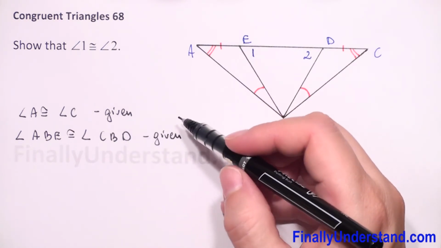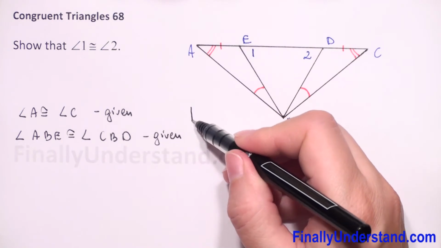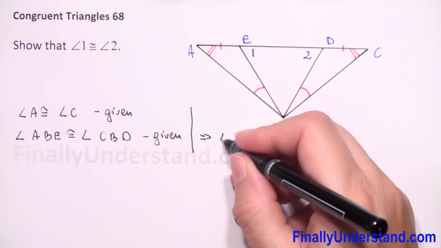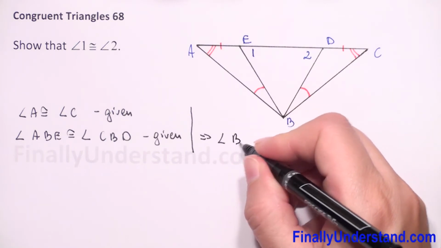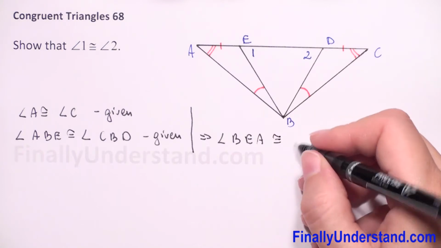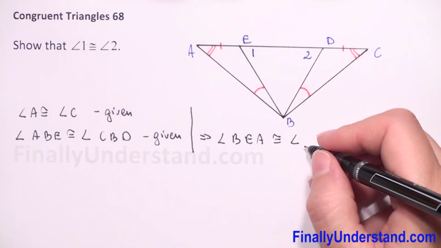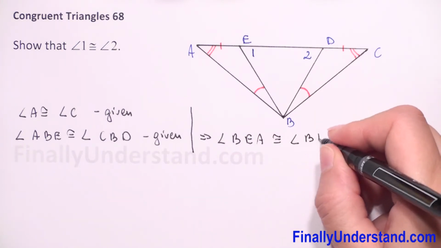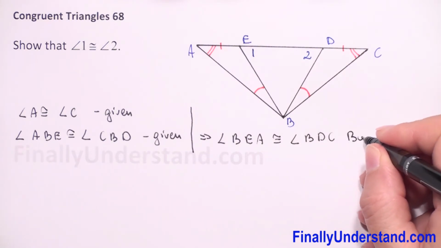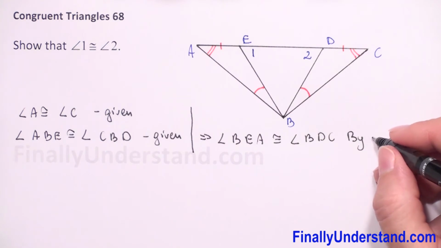From these two statements, we have that angle BEA is congruent to angle BDC. This is by third angles theorem.